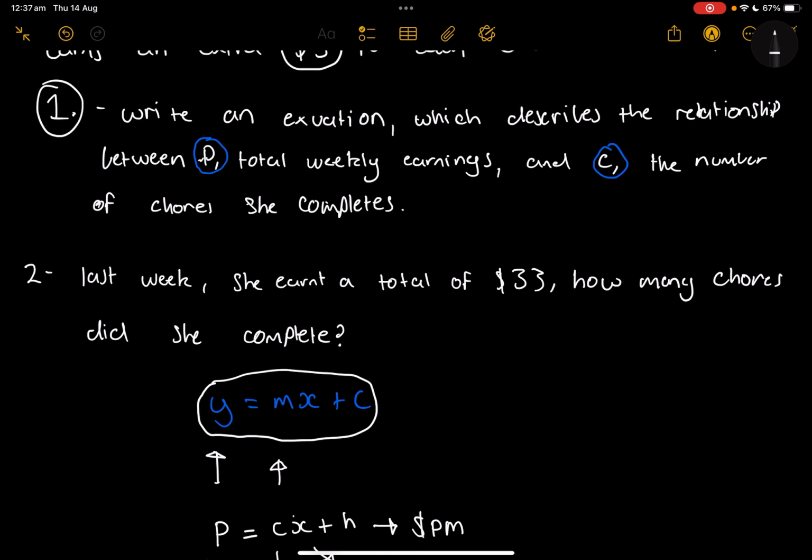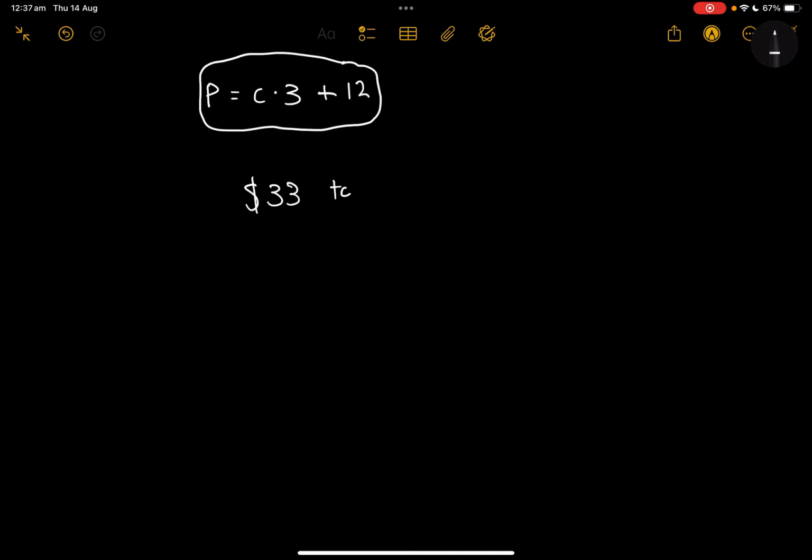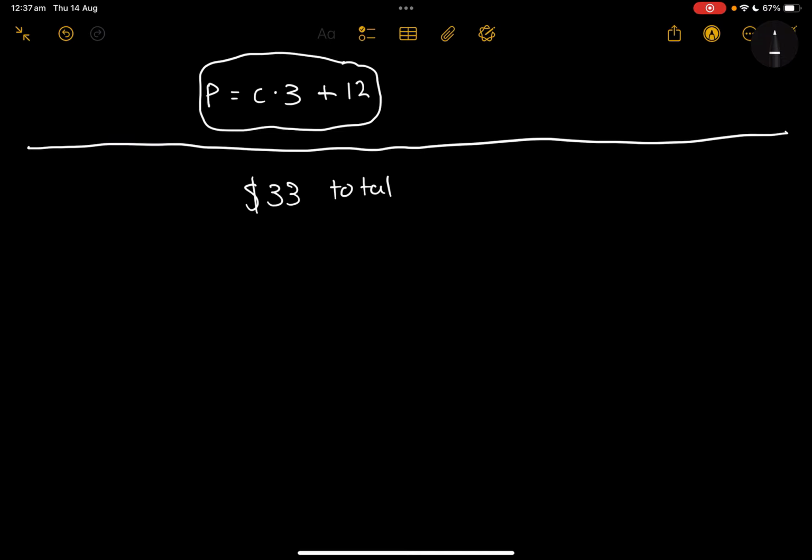Question number 2. Last week, she earned a total of $33. How many chores did she complete? So if you know she made $33 total, just draw a line so you can see the difference between the two here. She made $33 total, question number 2. And she gets $12 automatically every single week for doing nothing.